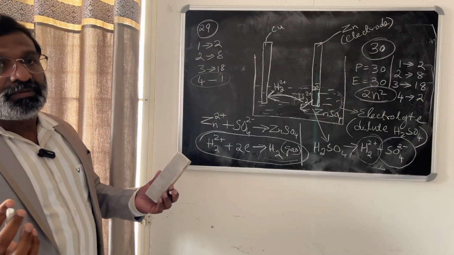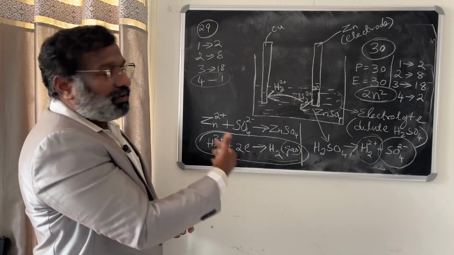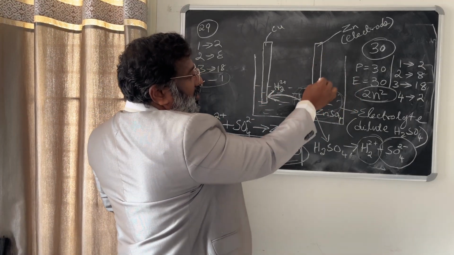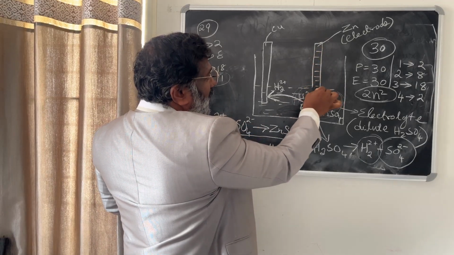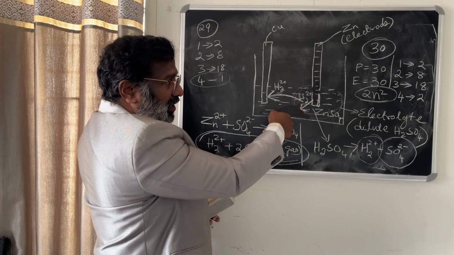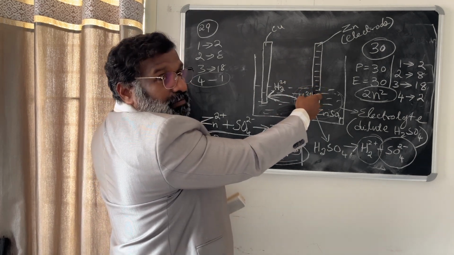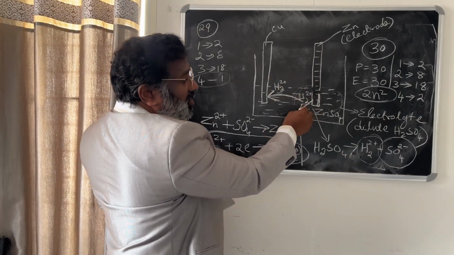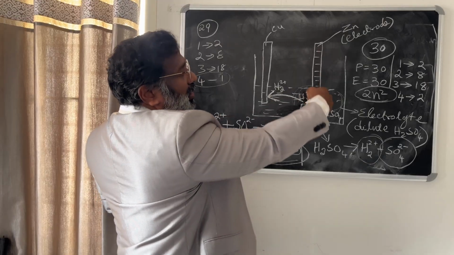Are you clear? So when this reaction continues, what happens? The zinc will have more electrons, because when one zinc ion comes out, it leaves 2 electrons within the electrode itself. So each zinc ion coming out contributes 2 extra electrons within the electrode.